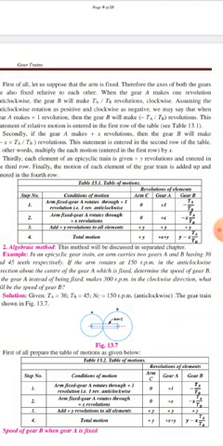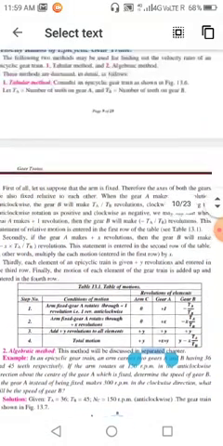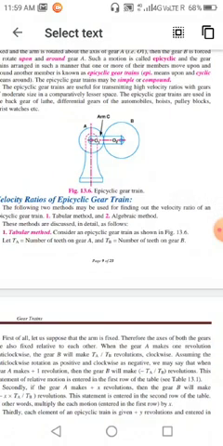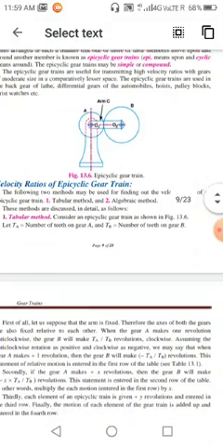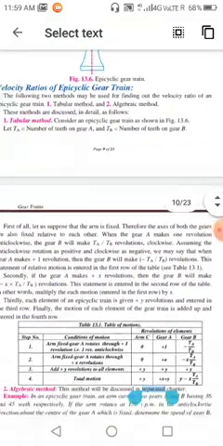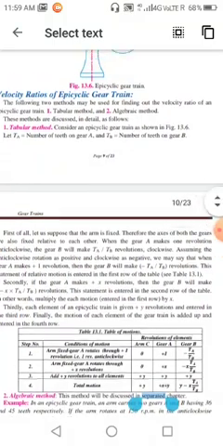If we see this case, that is figure 13.6, I am going to discuss how to draw the table.